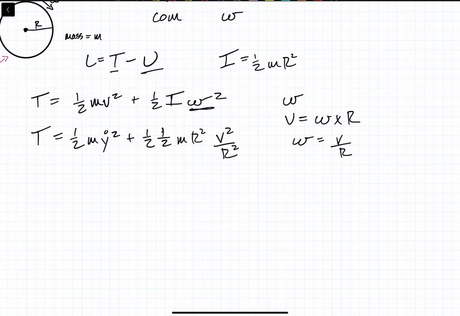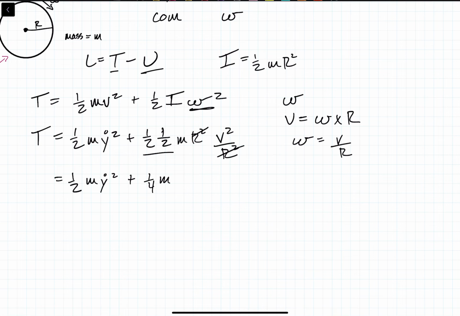So now I want to simplify this. These R's cancel. This becomes 1/4, so this is going to equal 1/2 m y dot squared plus 1/4 m.